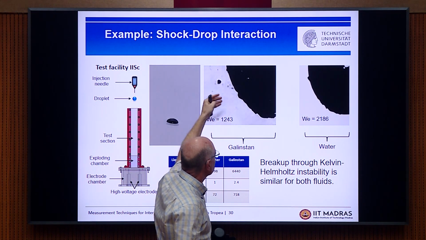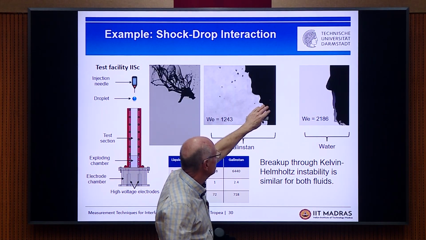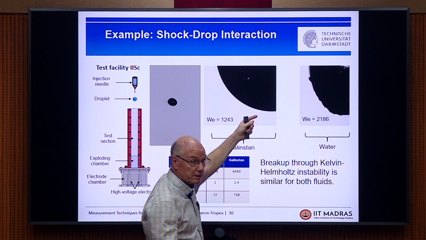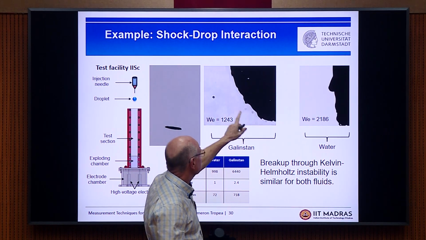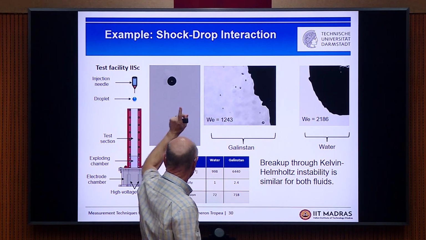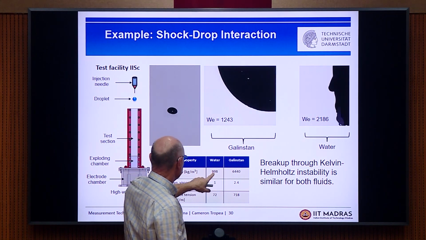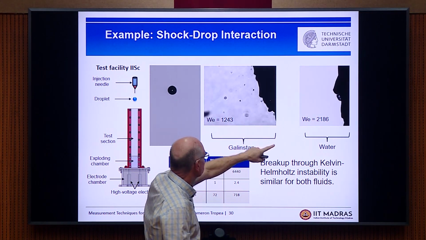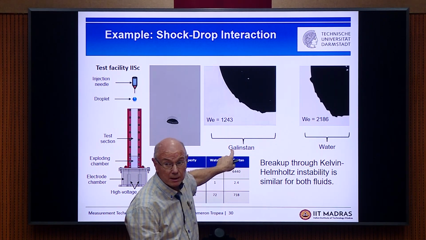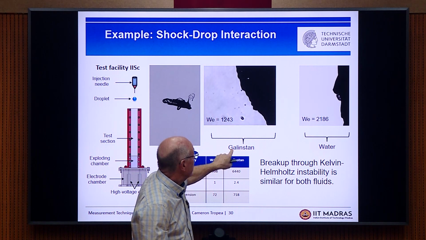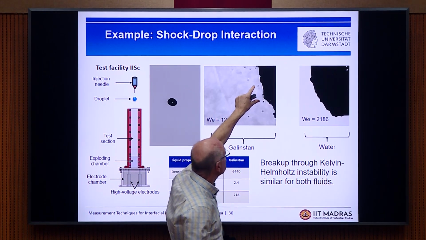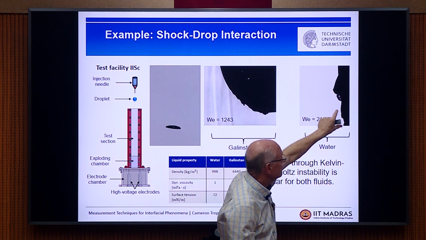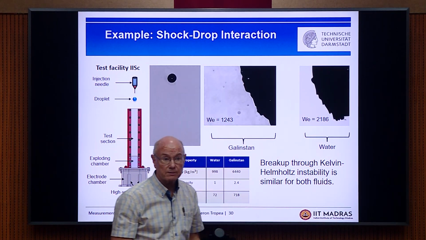So you've got a very high velocity fluid here, a different velocity here, and also, by the way, different densities. I think one is a water droplet and one is a liquid metal at room temperature. In both cases they look similar, and you can see the Kelvin-Helmholtz waves, and you can see their wavelength.